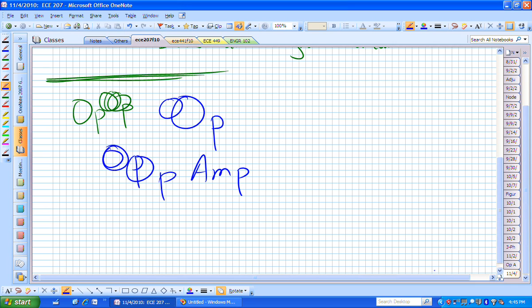That's just a voltage divider. Or do a KVL around the output and find that relationship between the voltage dropped across R1 and the voltage at the output V out. And that should help you come up with this relationship for Vn and V out. We'll pick up at that point on Tuesday.